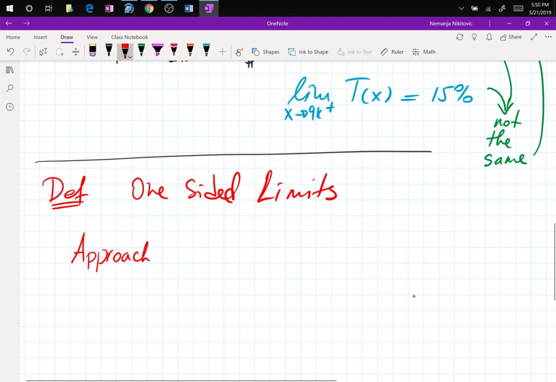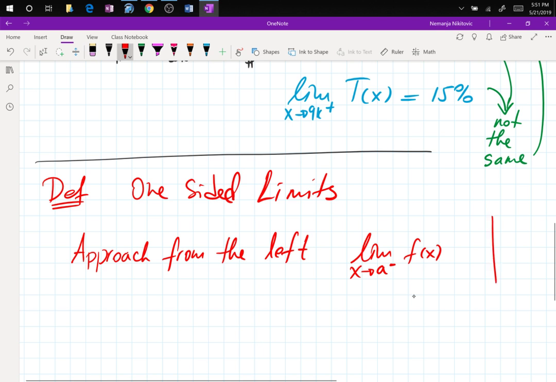It's either they can approach from the left or the right, if the function exists, not for all. I'll explain that as well. So approach from the left would be the limit as x approaches a minus of f of x. So that's the notation. And the meaning is you are approaching your value from the left. So that's the Juliet, which is what we had in red all the time.